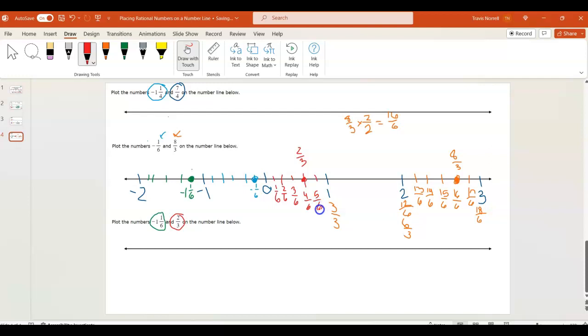It would be 4 sixths because 6 sixths would be 1 whole. 4 sixths would be 2 thirds. And if I have 2 thirds and I want a denominator of 6, what do I have to multiply 3 by to get 6? I got to multiply it by 2. So if I multiply the top by 2, 2 times 2 is 4. So all I got to do is find 4 sixths on that number line.